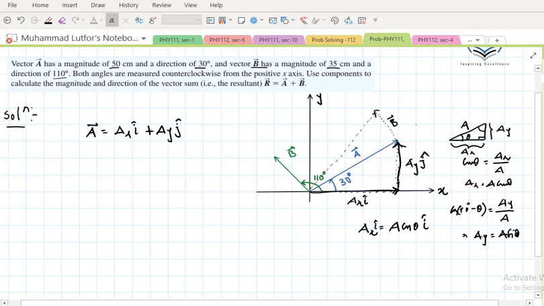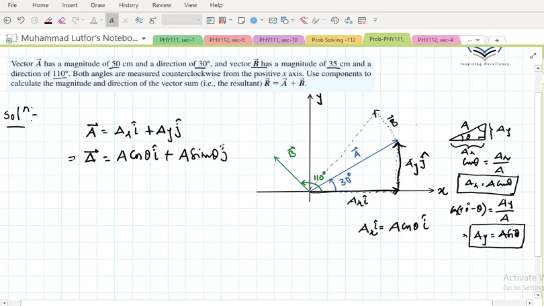They are head to tail connection, then the resultant vector would be A. Now A x i, the component of vector A along the direction of x, would be A cos theta, and A y, which is A sin theta. So I write this as A cos theta i hat plus A sin theta j hat.